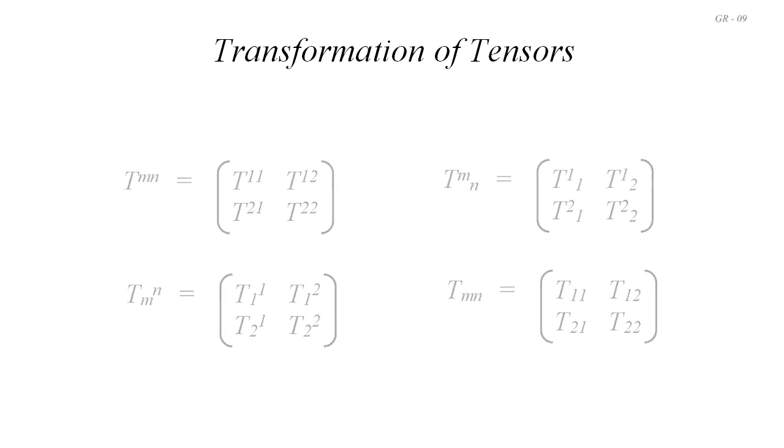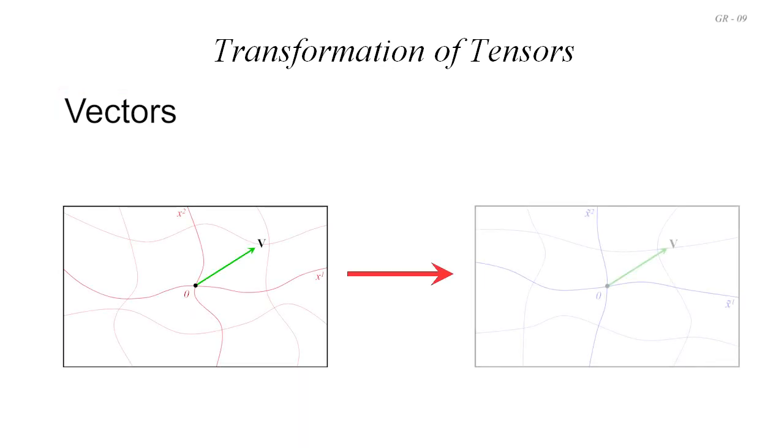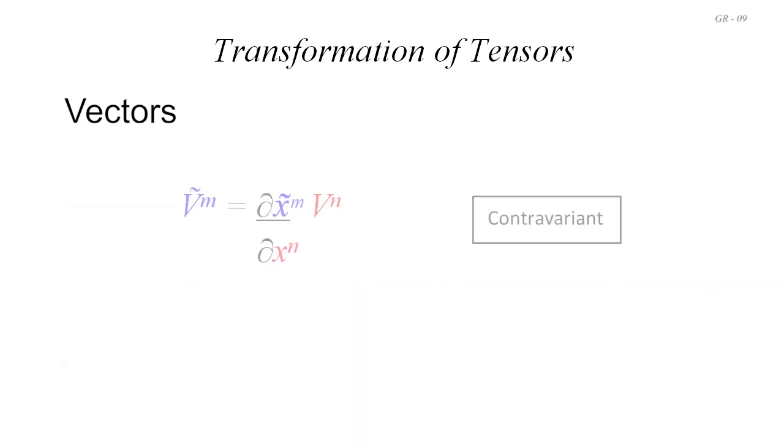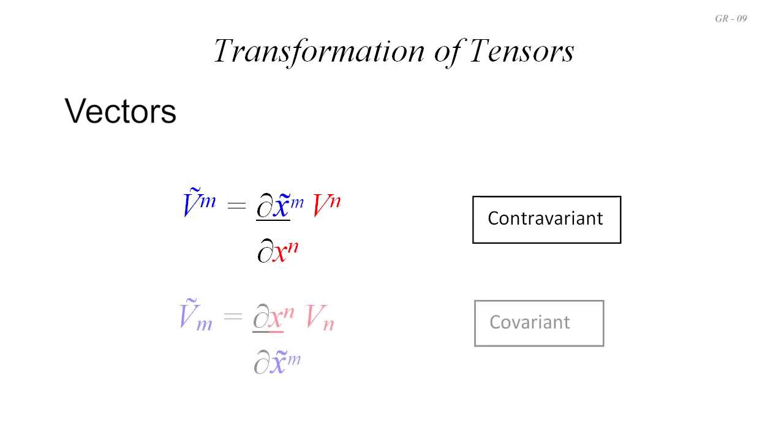As a reminder, you may recall that in the last video, number 8, we looked at the equations for the transformations of the various components of vectors, and in transforming what we called the red frame of reference to the blue tilde frame of reference, we ended up with the following equations written here in summation form. This was the transformation equation for the contravariant or upper components of the vector going from the red to the blue tilde frame. And this was the transformation equation for the covariant or lower components of the vector going in the same direction from red to blue tilde.